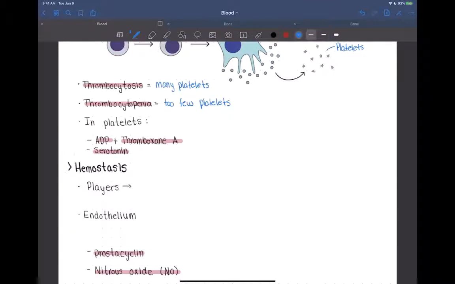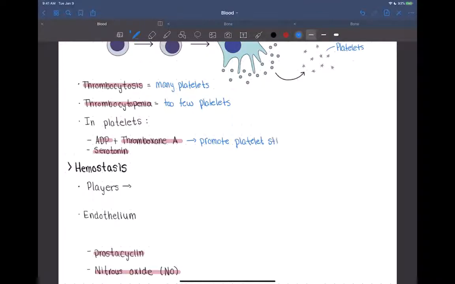So ADP actually is like adenosine diphosphate. Okay, so it's kind of what's left of ATP, except it has a function totally separate from ATP. Okay, and thromboxane A, both of these have a very similar function in that they promote other platelets to stick. All right, so promote platelet sticking.